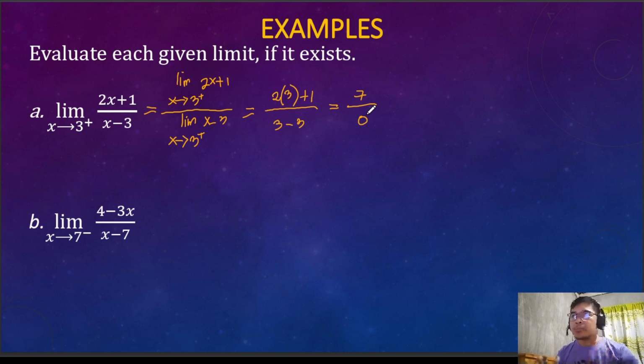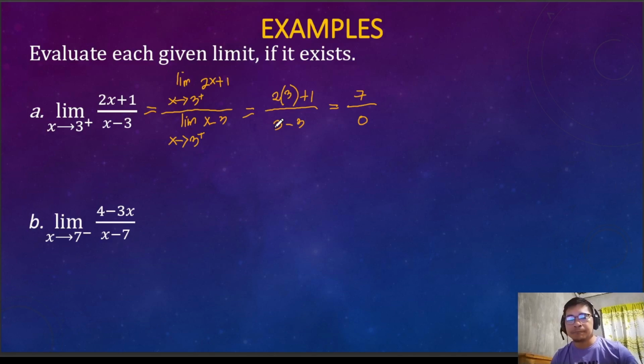Before, in the previous lesson, we could directly say that the limit does not exist. But here, we can see if the limit is positive infinity or negative infinity. Now, the denominator becomes 0.